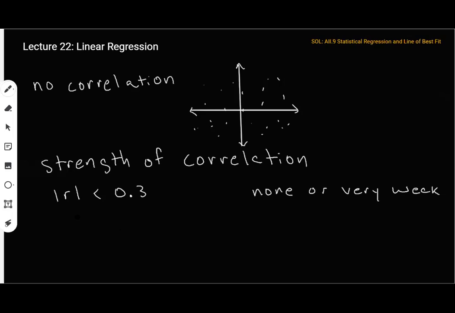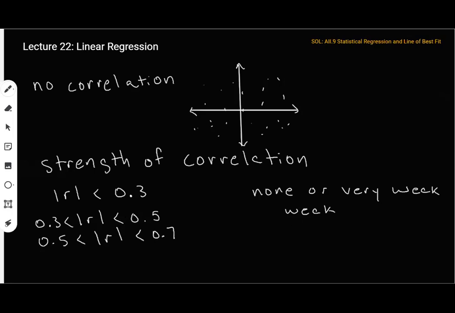And then if your R value is between 0.3 and 0.5, I think I put in the notes, we call that a weak correlation.